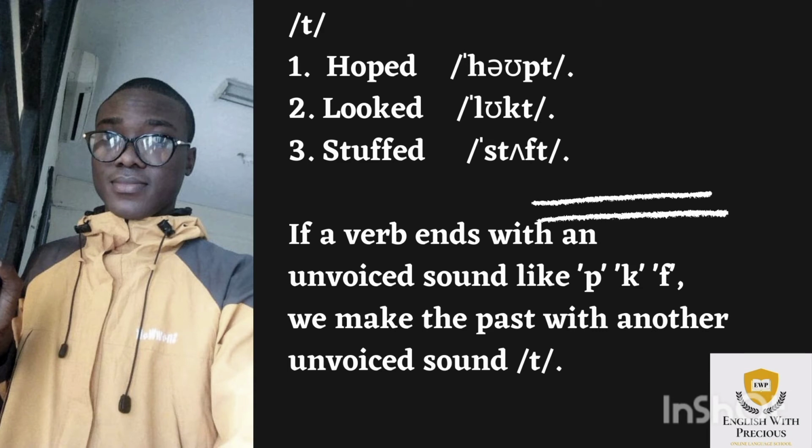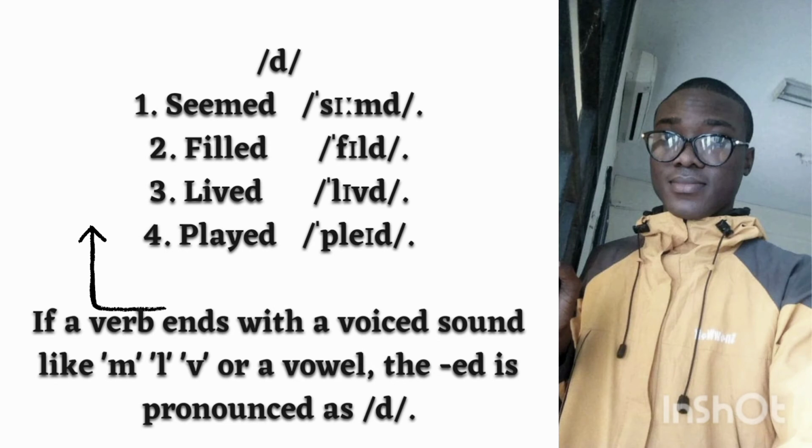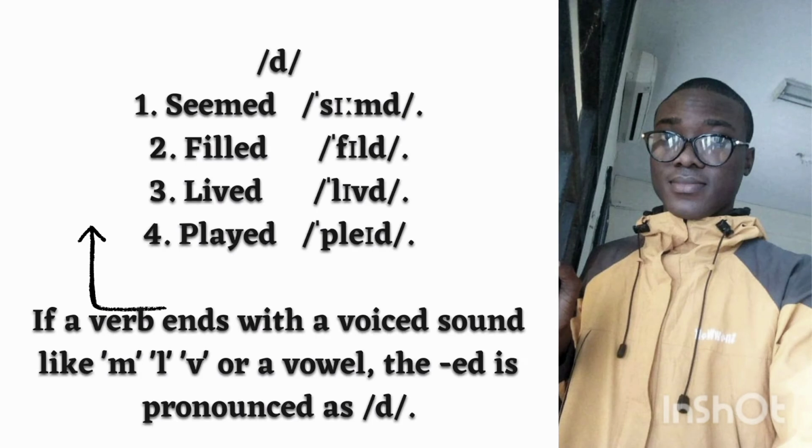They're whispered, unvoiced. And if a verb ends with an unvoiced sound like p or k or f, we make the past with another unvoiced sound, t. So we say hoped, looked, stuffed. If a verb ends with a voiced sound like m or a vowel, we make the regular past with another voiced sound, d.